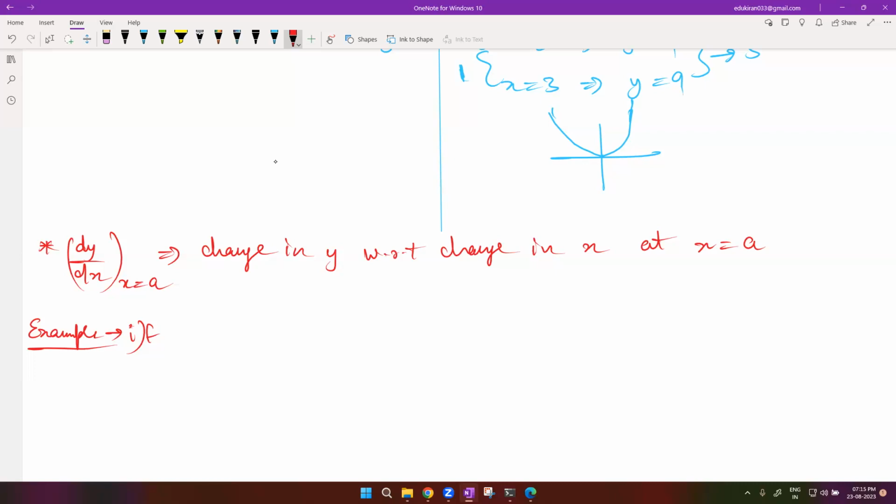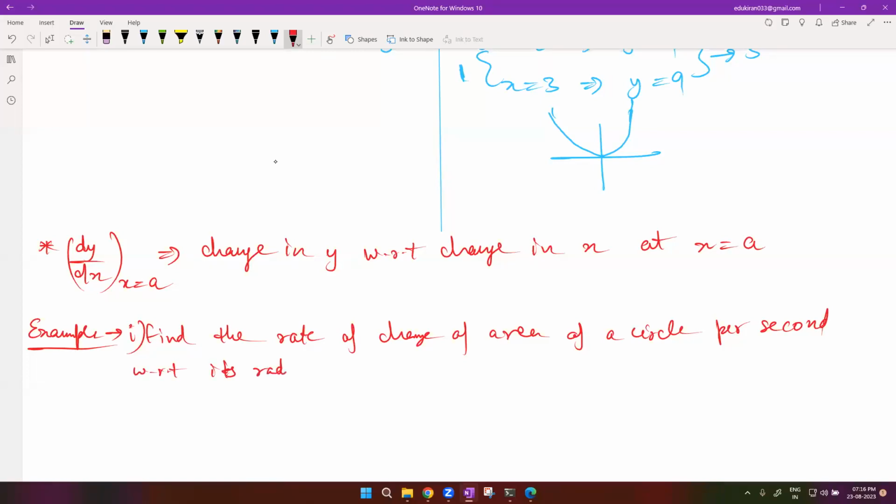It is given: find the rate of change of the area of a circle per second with respect to its radius r, when r is 5 centimeter.